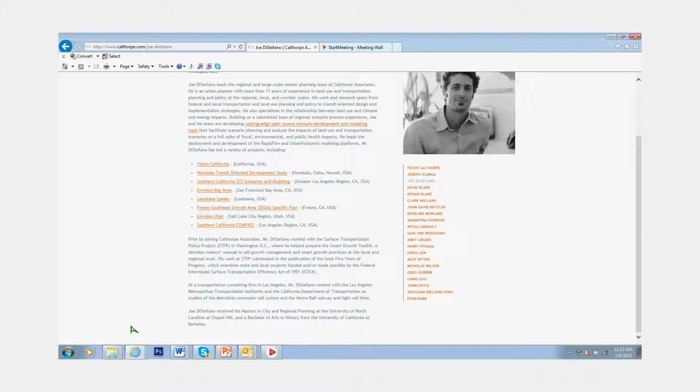He has also worked with the Los Angeles Metropolitan Transportation Authority and the California Department of Transportation on studies of the Metrolink commuter rail system and the Metro Rail subway and light rail lines. So he has some experience with our Southern California geography. Joe DiStefano received his master's in city and regional planning at the University of North Carolina at Chapel Hill and a bachelor's of arts in history from the University of California at Berkeley.